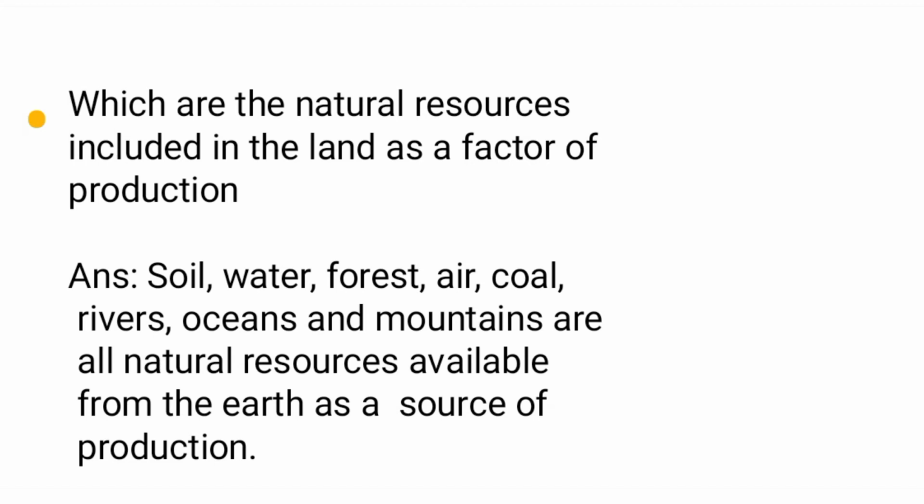Now using these, let's answer some of the questions. The first question is, which are the natural resources included in land as a factor of production? The answer is soil, water, forest, air, coal, rivers, oceans and mountains, which are all natural resources available from the earth as a source of production.